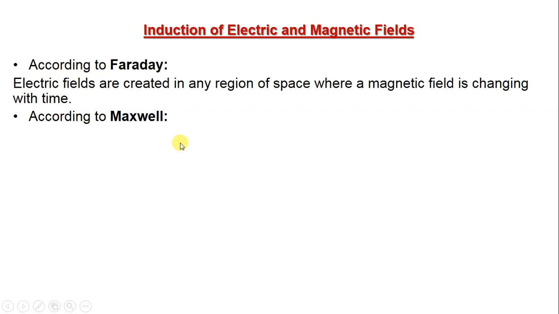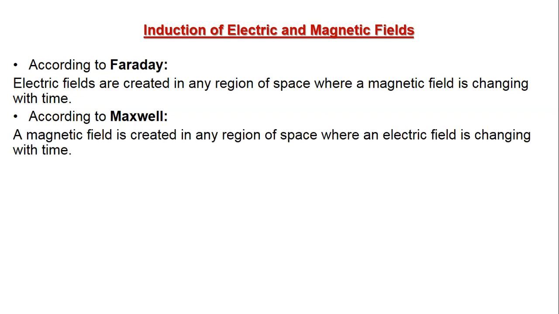Okay, so according to Ørsted in section 2, whenever we have current, we have magnetic field. So a magnetic field is created in any region of space where a current, or we can say instead of current, an electric field, is changing with time.